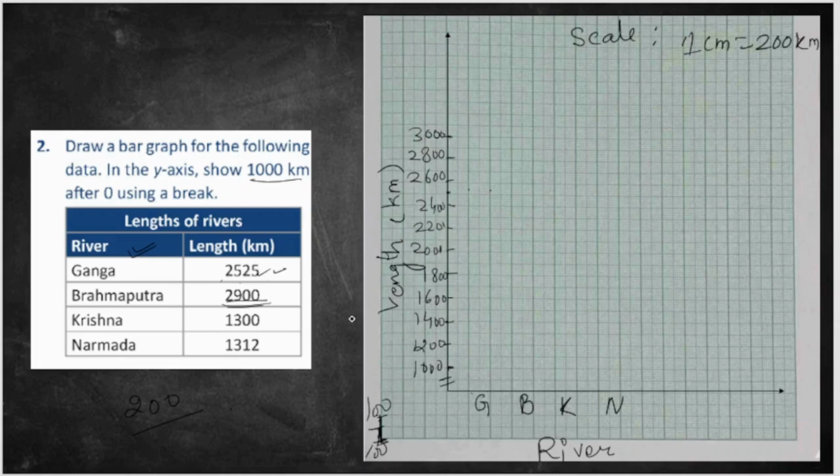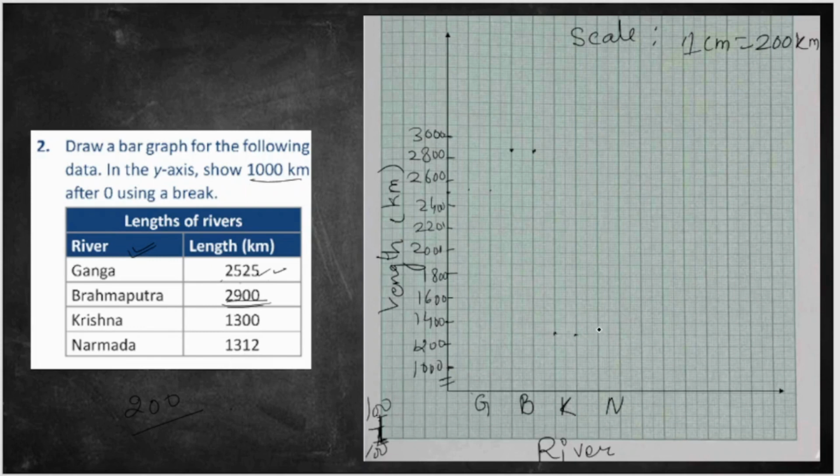Now I am just marking the points, then we will draw the rectangles. Now for Brahmaputra it is 2900, so 2900 will come between 2800 and 3000. And for Krishna 1300, 1300 will come between 1200 and 1400. For Narmada it is 1312.